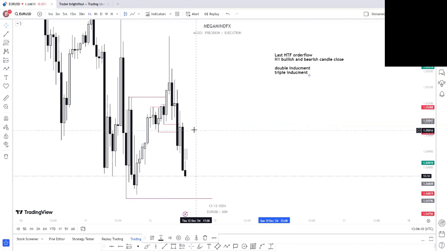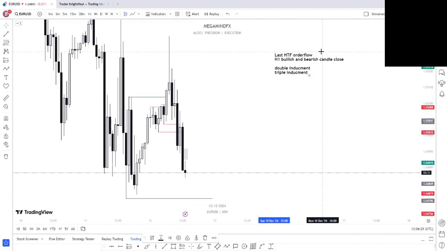First of all, I look out for H1 structures, H1 highs, H1 lows. The moment I'm able to get H1 lows, then I look for my last higher time frame order flow.